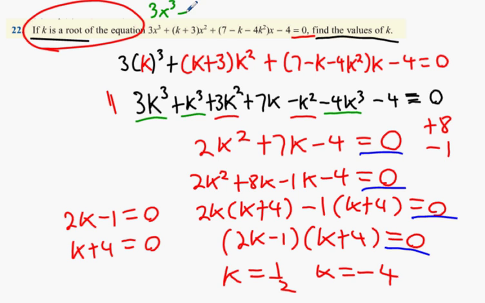So minus 45x minus 4. That's the actual equation. What we're saying is if I replace k with a half, that will turn that into 0. If I replace k with minus 4, that will turn that into 0.